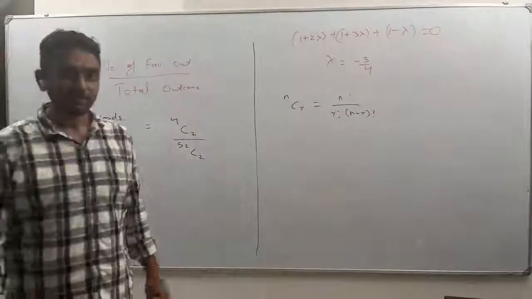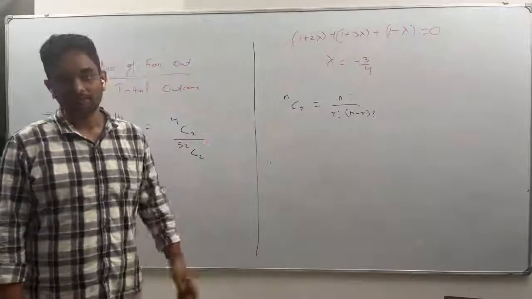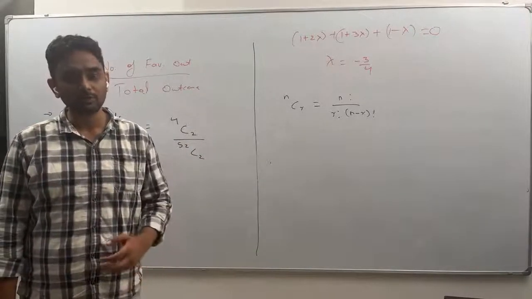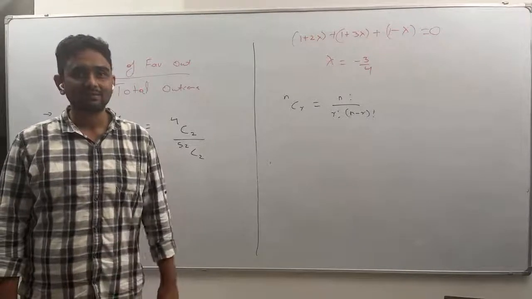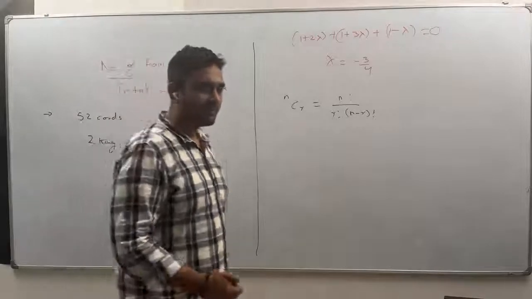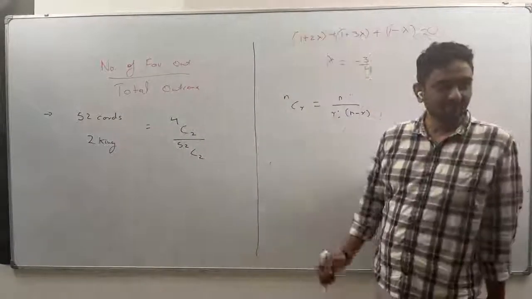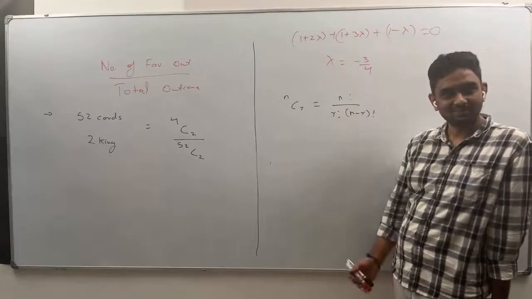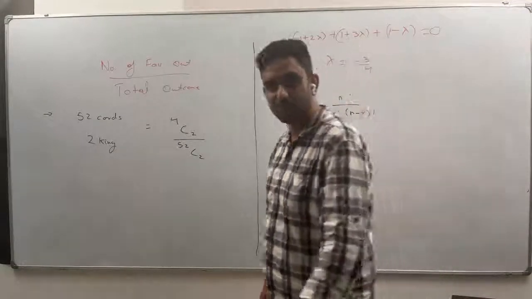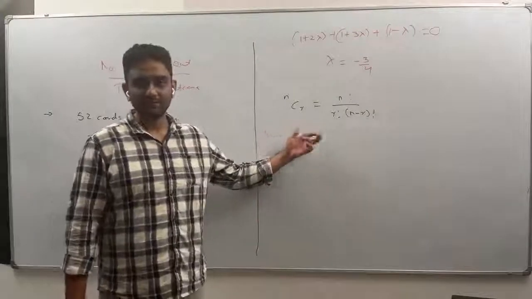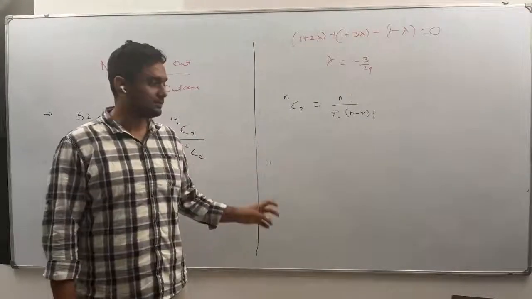PNC is fun. How can you miss this out? My point is PNC is so fun you just cannot skip it, if you learn properly. You were not there in 10th? Alright, fine. So NCR is this. That's how you can find it out.